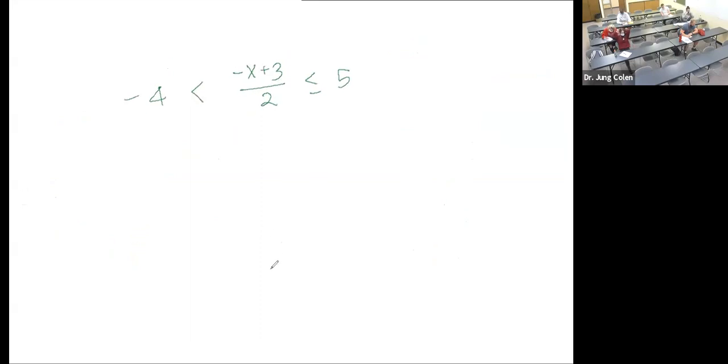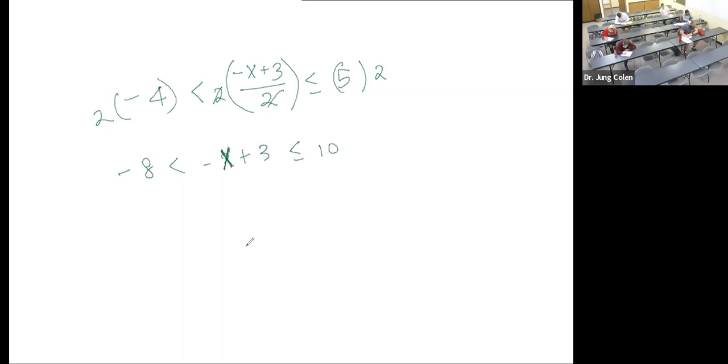What's the first step? Again, multiply by 2 because this whole thing is divided by 2. When you are multiplying the same number on everything, the inequality doesn't change, right? So we have negative 8 and we have negative x plus 3 and 10.